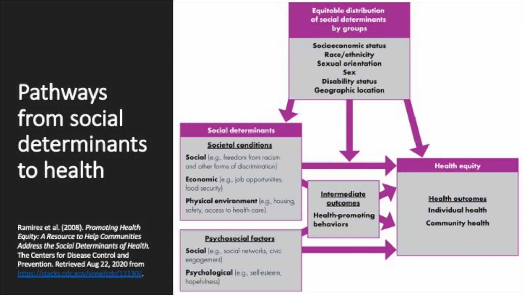You see arrows going straight across to that health equity or health outcomes box on the far right, and you also see an intermediate outcome in between. So let's talk a bit about what this means, direct versus indirect. An example of a direct effect or direct connection between social conditions and health: physical environments.